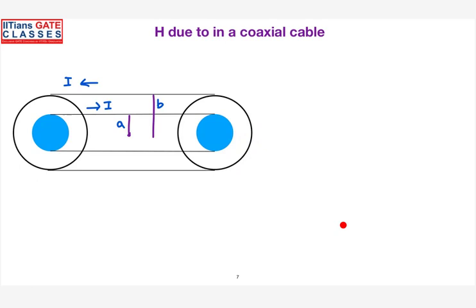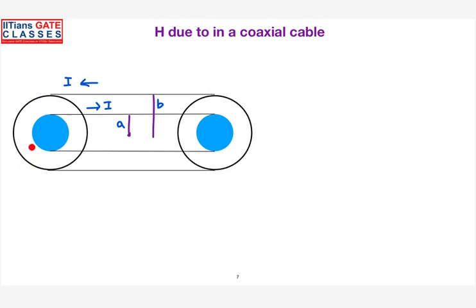In electrostatics also we have seen the electric field intensity in a coaxial cable, that means between the conductors, inside the inner conductor, or completely outside the coaxial cable. Once again, I need not explain here. If you see the coaxial cable, there is an inner conductor and an outer conductor.